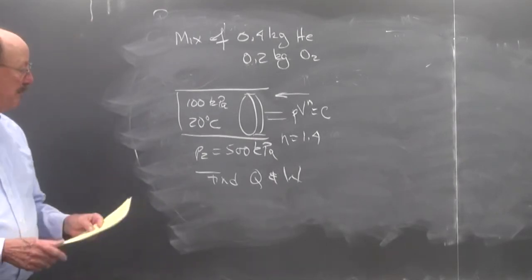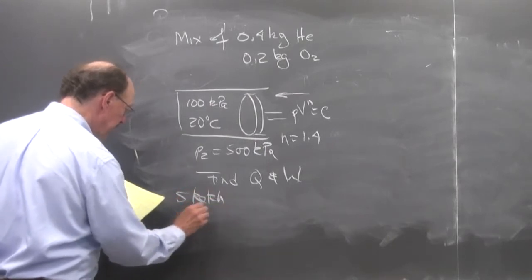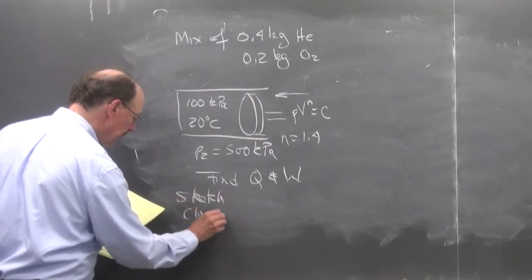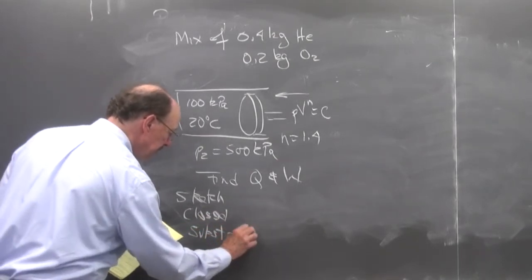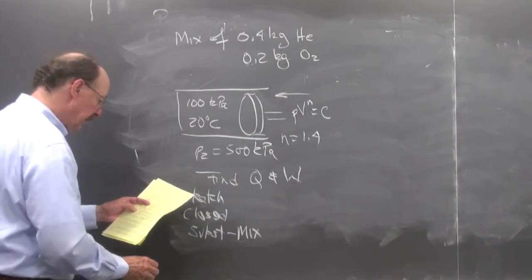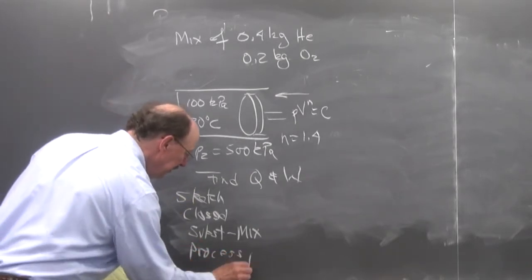What we've done is the sketch. It's a closed system. The substance is a mixture, an ideal gas mixture. The process is PV to the n.